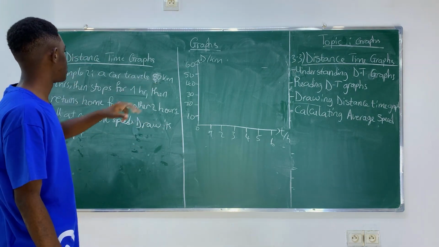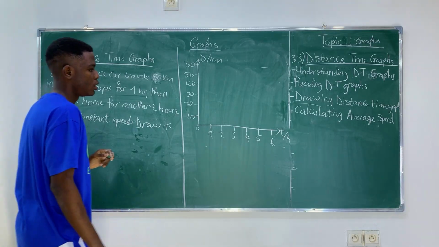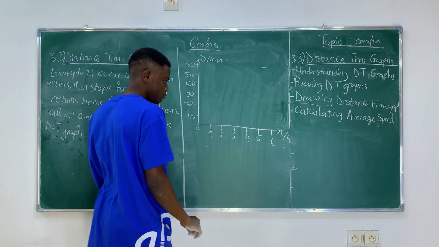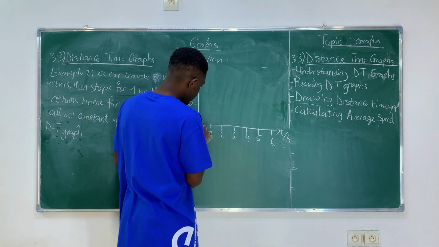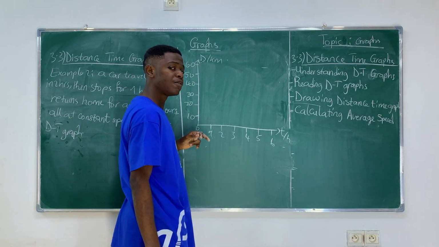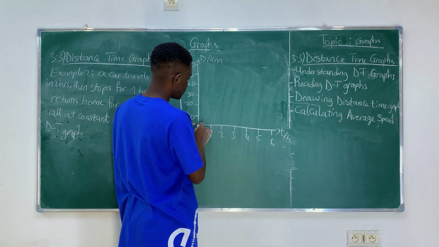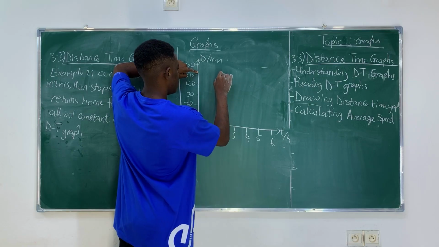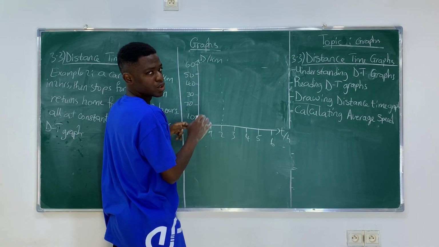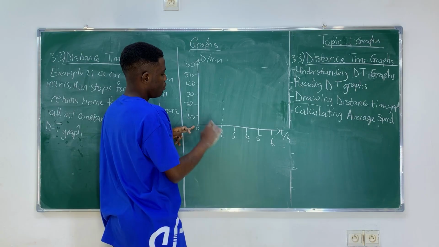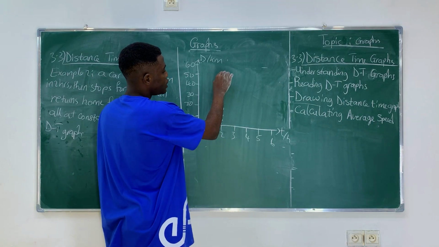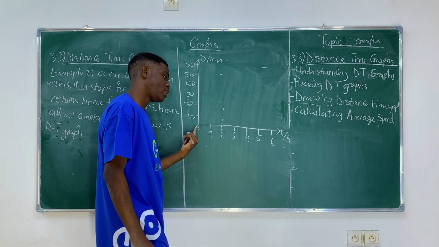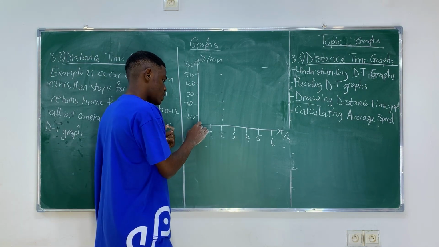A car travels 50 kilometers in 2 hours. So in the first 2 hours, it travels 50 kilometers. From 0 to 2, it travels 50 kilometers. Where is it to get? So at the time 0, it did not travel any distance. At the time 2, it traveled 50. When it was starting, it did not travel any distance, so it's at 0 distance.